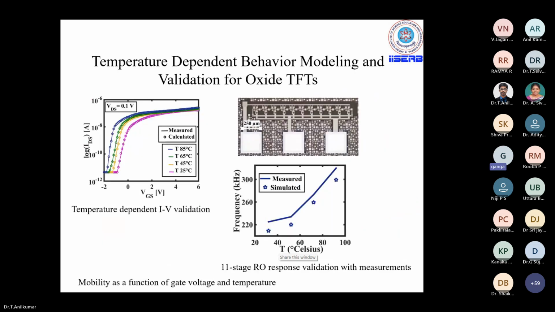And the reason for choosing this ring oscillator is it has a lot of advantages. It is a very simple but effective circuit. We have developed a model for oxide TFT for different temperatures, and of course we have validated the data with the ring oscillator, meaning we used those transistor models to develop a ring oscillator, and we extracted the simulation data and got the circuit fabricated, and we experimentally characterized this ring oscillator performance, and then we compared the simulation data with the experimental data to validate the model accuracy.